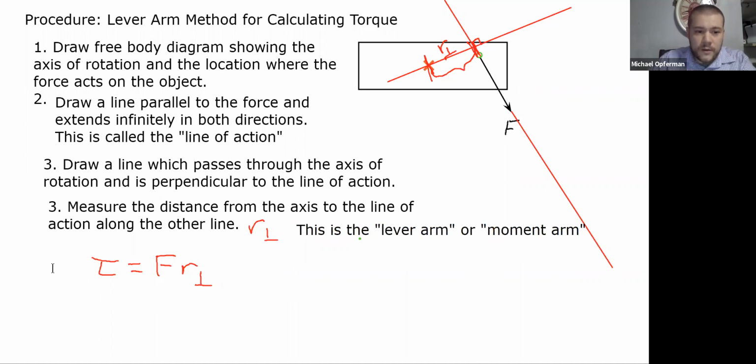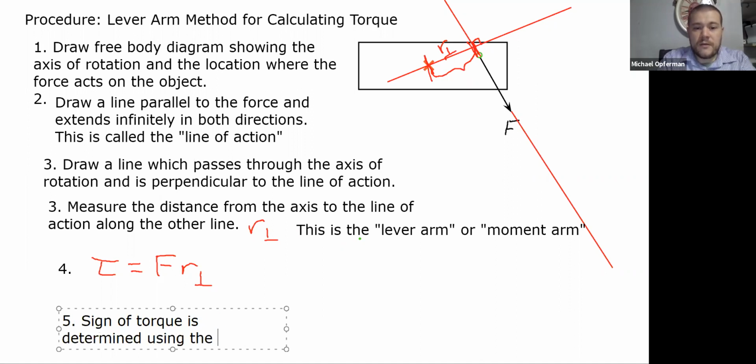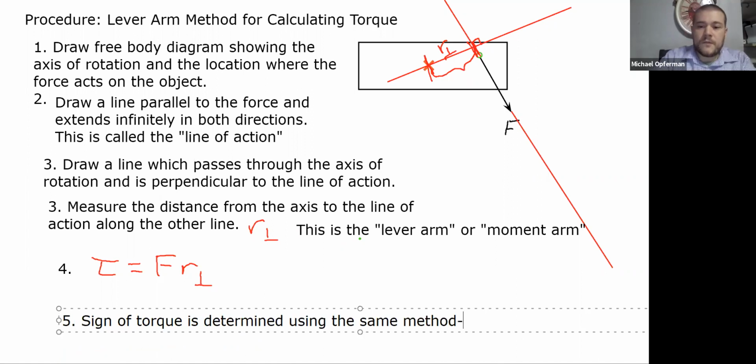So now the torque is calculated as the magnitude of the force. So you don't have to break the force into components in this method. You simply take the whole magnitude of the force times R perpendicular. Okay. And then you find the sign of the torque using the same method as the other method, as the force component method.